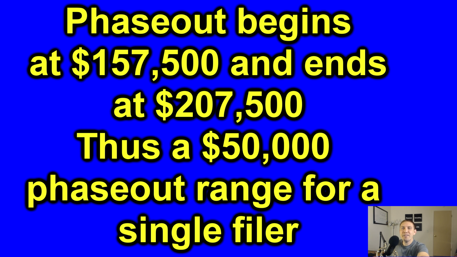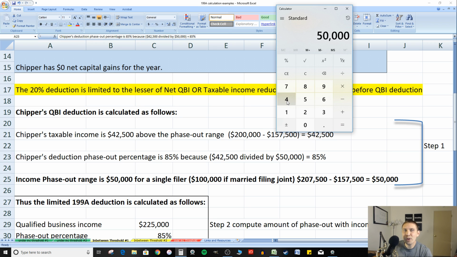So between $207,500 and $157,500, that's a $50,000 range. Once Chipper's income exceeds $207,500, he gets no deduction whatsoever. This is why it's important to go back and understand all those rules in the other video, because if you don't understand them, these calculations won't make sense.